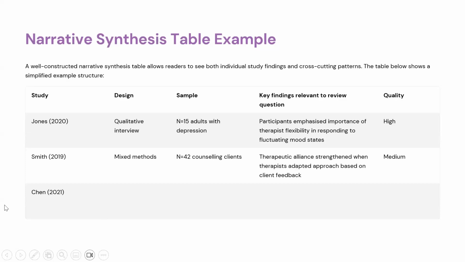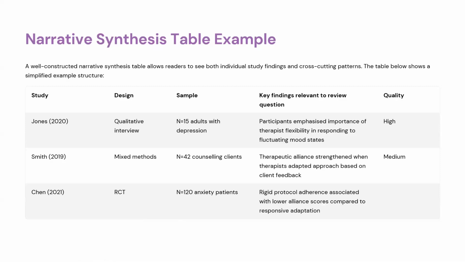And then we may decide to look at the final paper, Chen from 2021, who used a randomized controlled trial, RCT. The sample was 120 anxiety patients. The key finding in that case was rigid protocol adherence associated with lower alliance scores compared to responsive adaptation. And we may come to the conclusion that it also is a very high quality.